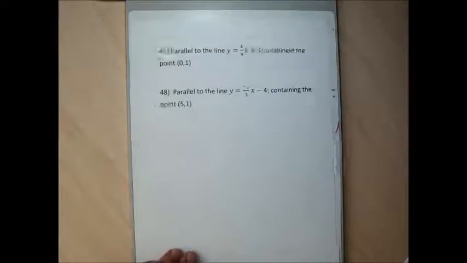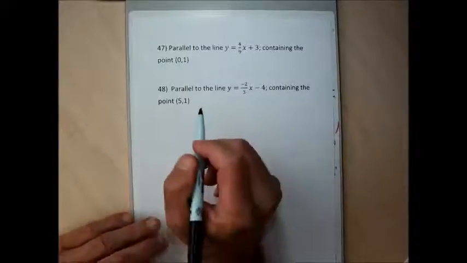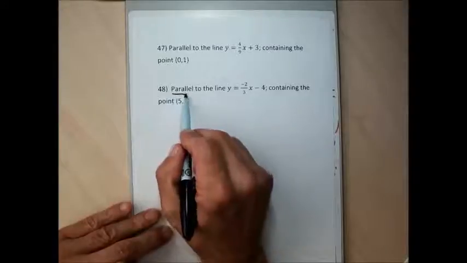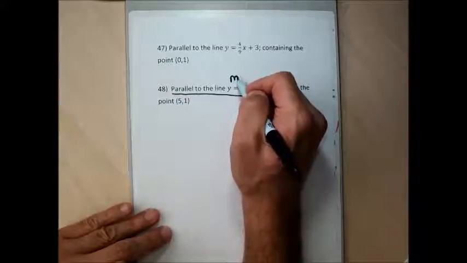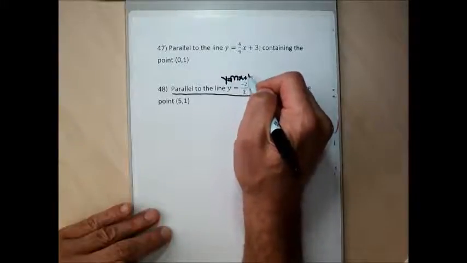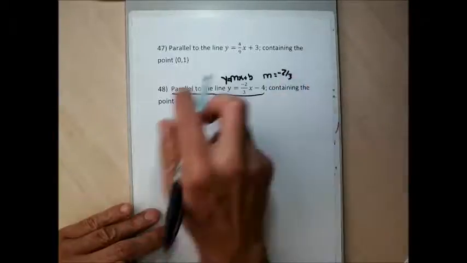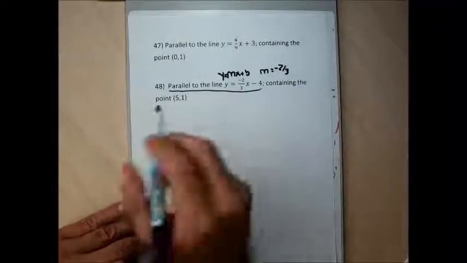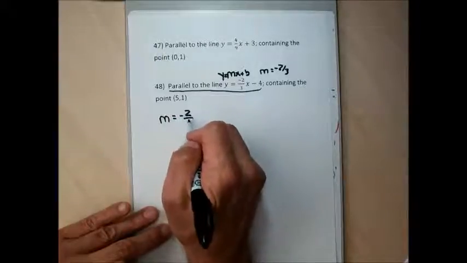47 and 48 are kind of duplicate problems with just nastier slopes. And problem 48 tells me I'm trying to find a line that's parallel to this line. This line, because it's in y equals mx plus b form, has a slope of -2/3. My line, because it's parallel, has the same slope, so the slope of my line is going to be -2/3.